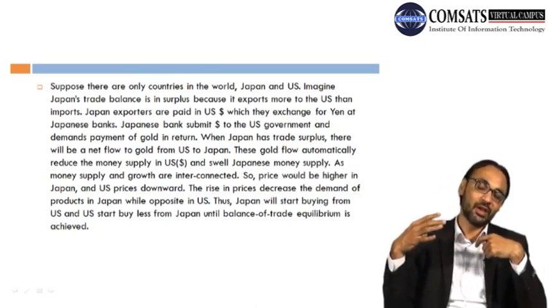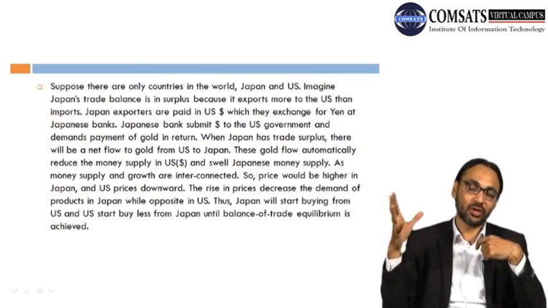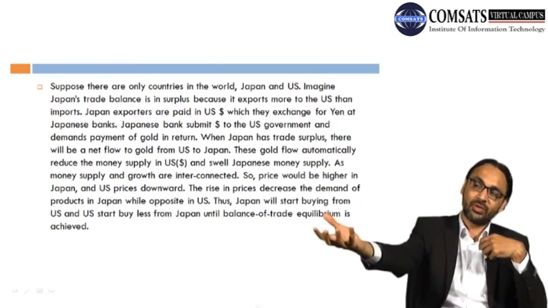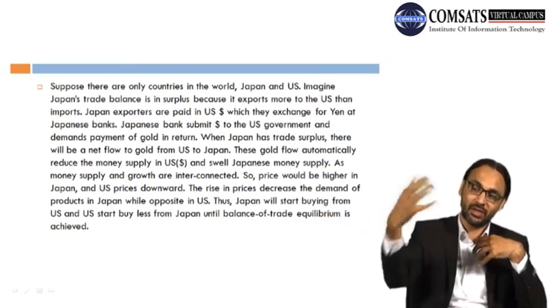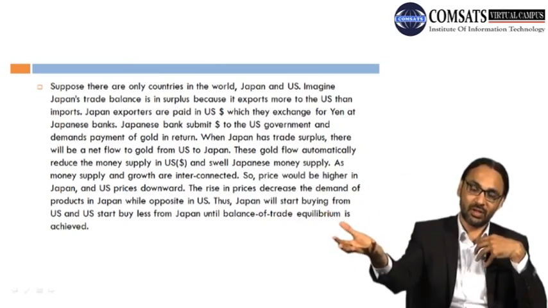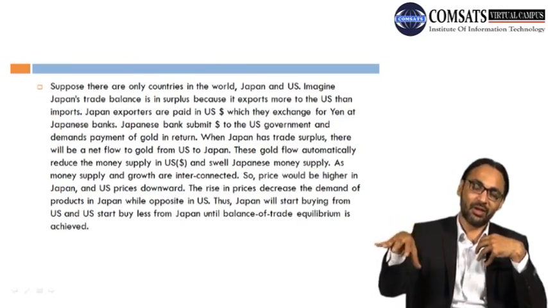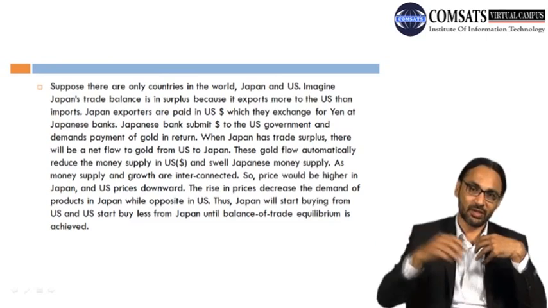What is going on? Because of the gold flow, US dollars are coming in and they are getting more yen in the country. Within the Japanese economy, the amount or supply of yen is increased.